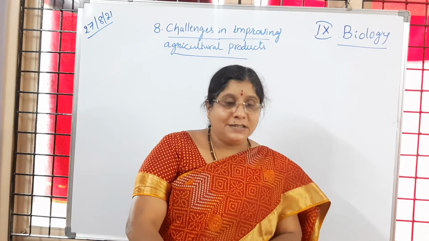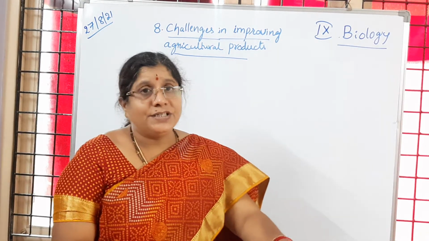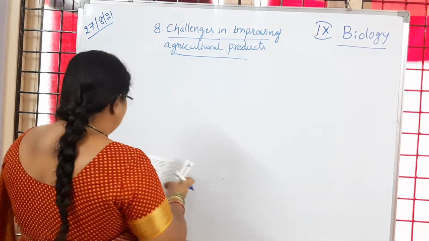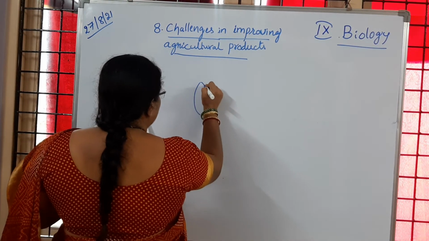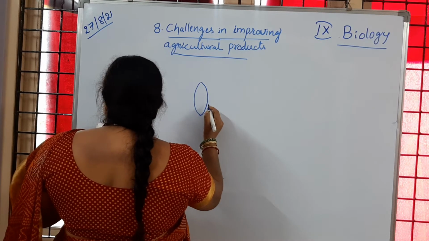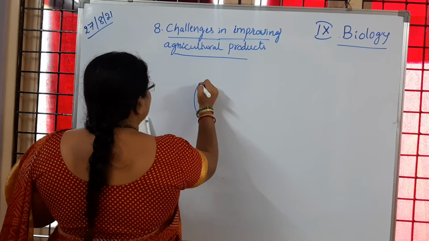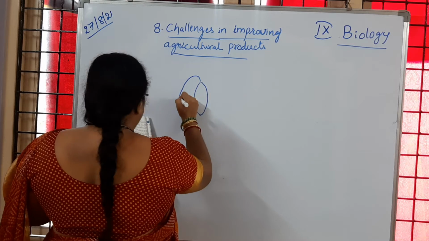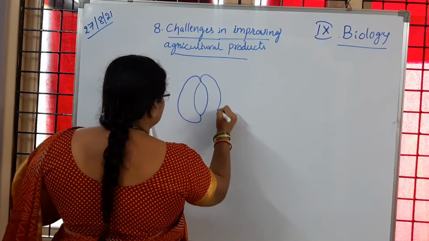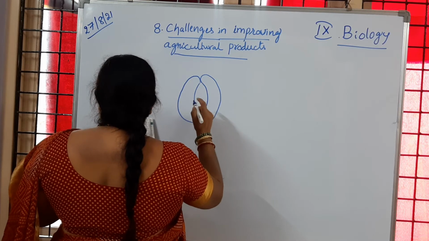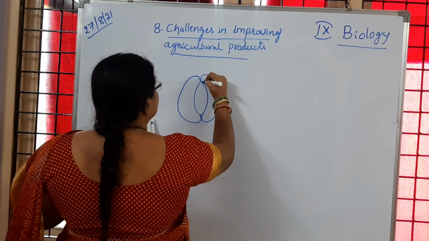You learned. Is it not, children? So now let us observe the diagram. The closing and opening of stomata is always very important for the water supply. Is it not, children?